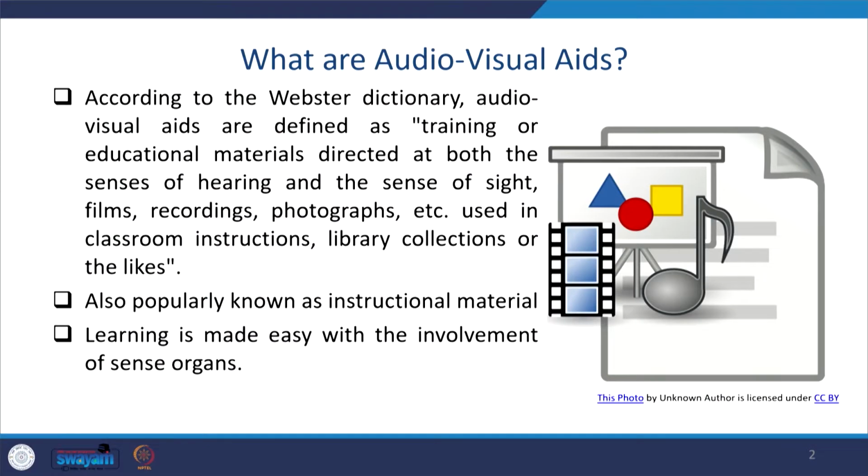According to the Webster dictionary, audio visual aids are defined as training or educational materials directed at both the sense of hearing and the sense of sight. Of course, in oral presentations you in a way have both facilities. If you can make use of some visuals in your presentation and as a presenter you are presenting it, you are making use of audio visual aids.